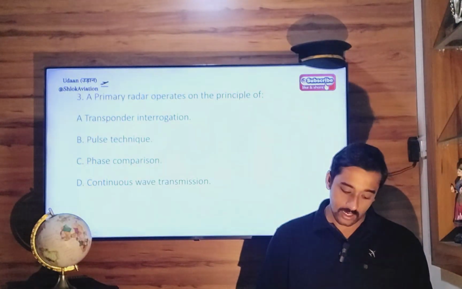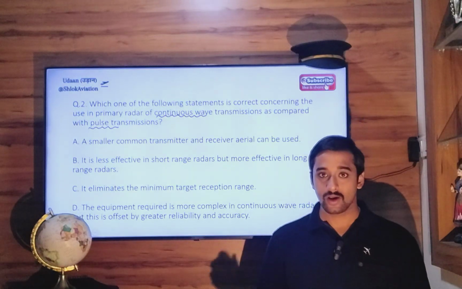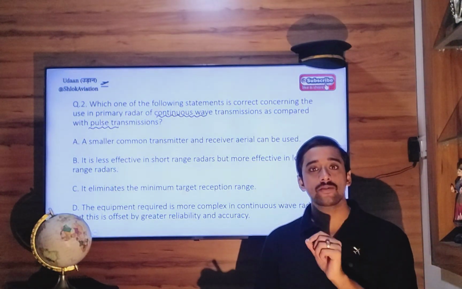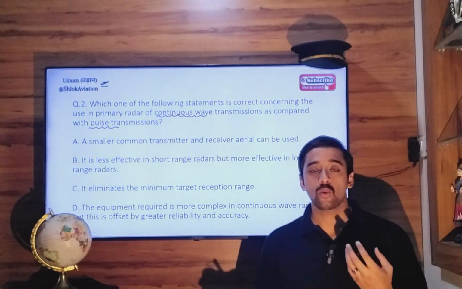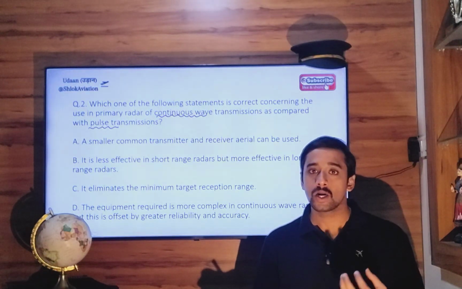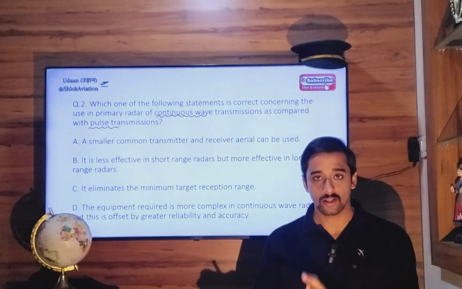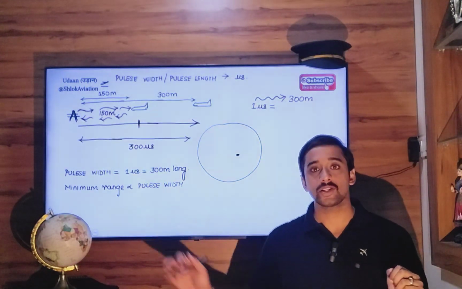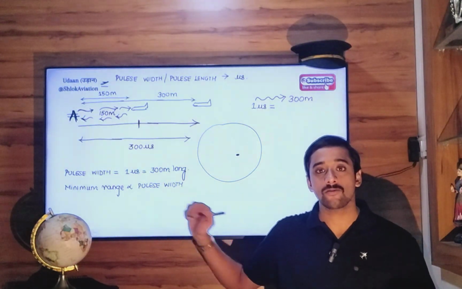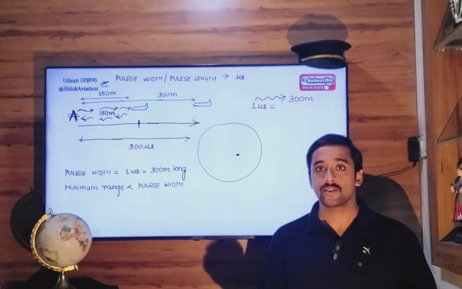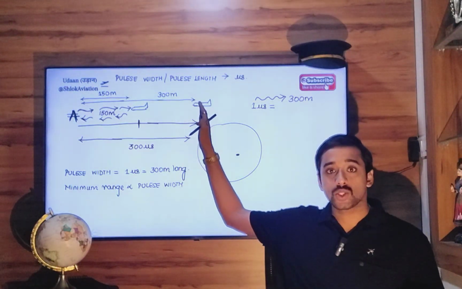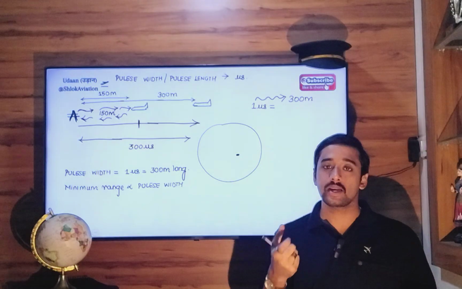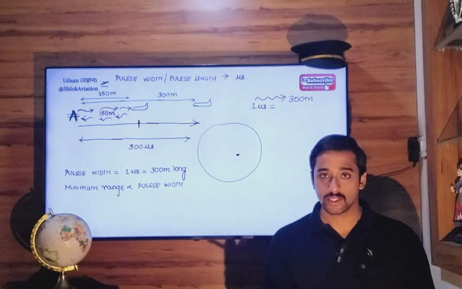One advantage of continuous wave transmission over a pulse transmission is that continuous wave transmissions do not have the requirement of minimum range. In case of pulse transmission, we saw that there is a requirement of minimum range. If the target or the object is within that minimum range, there will be wrong reception of radar pulses.